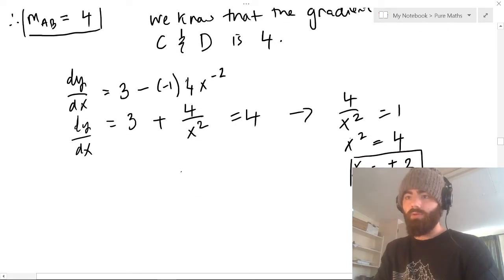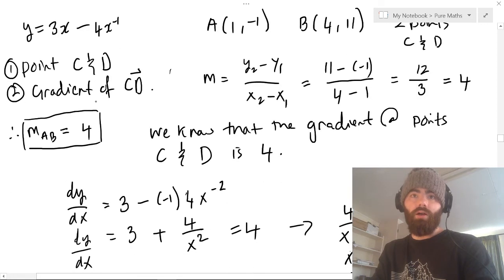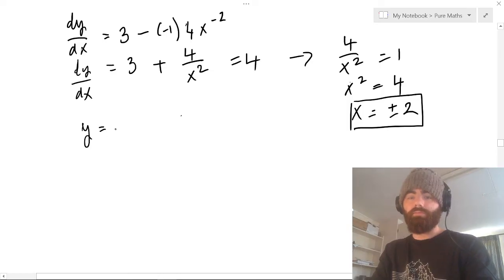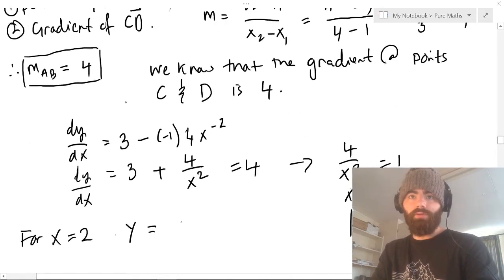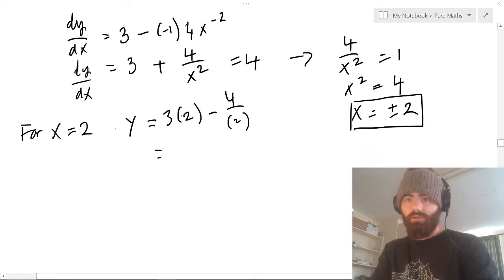And then we can find the y coordinates of those by just subbing it back into our equation. So for x equals 2, we get y equals 3 times 2 minus 4 over 2, which equals 6 minus 2, which equals 4.